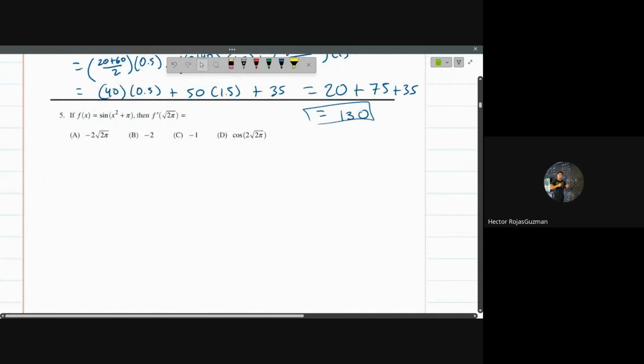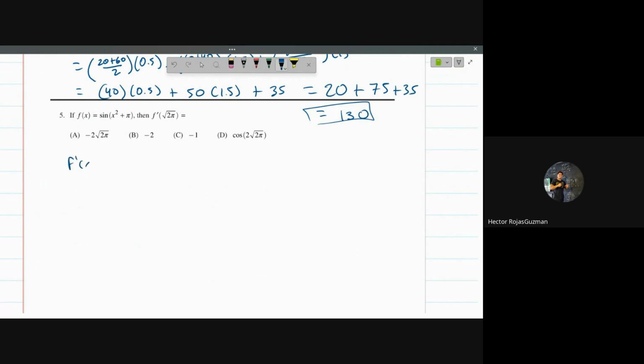Number 5, take a derivative and then plug in the square root of 2 pi. So f prime of x equals cosine of u times u prime. Well, f prime of the square root of 2 pi is going to be given by cosine of the square root of 2 pi squared plus pi times 2 times the square root of 2 pi.